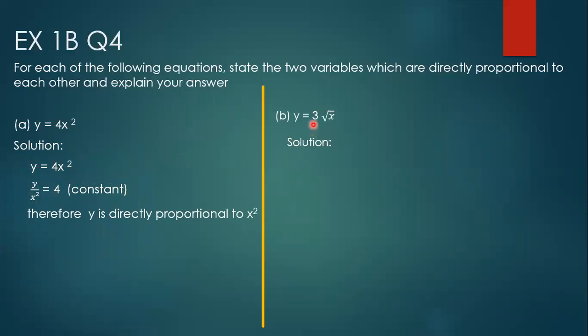Similarly, y is equal to 3 square root x. Now you are going to take this square root x as denominator on the other side, and you will get 3 here, which is a constant number, which shows that y is actually directly proportional to square root of x.